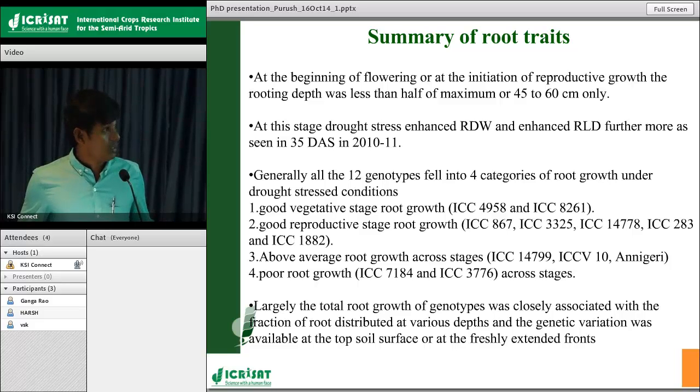Also the weak root producing genotypes at the initial stage had very good reproductive stage root growth, and the highly tolerant lines and the best adapted varieties were able to maintain the root growth across stages. And the last group consists of the drought sensitive genotypes, which did not perform very well in root growth across stages.